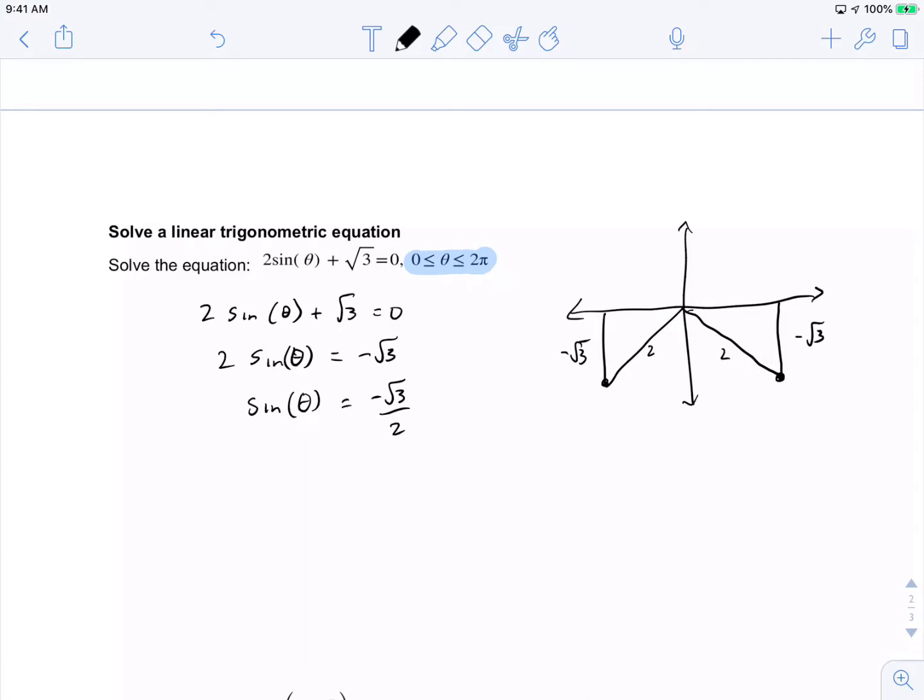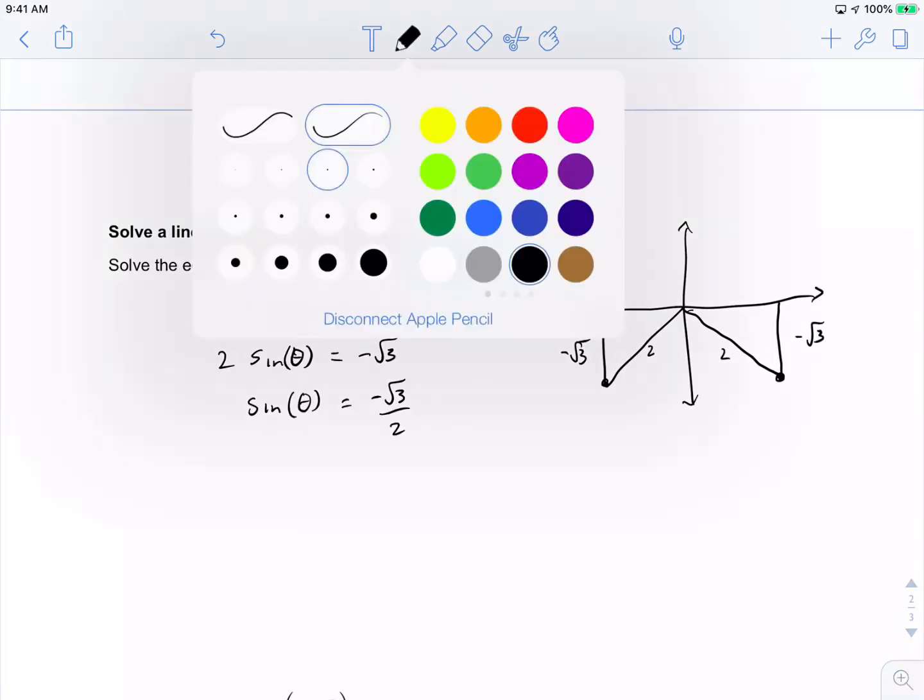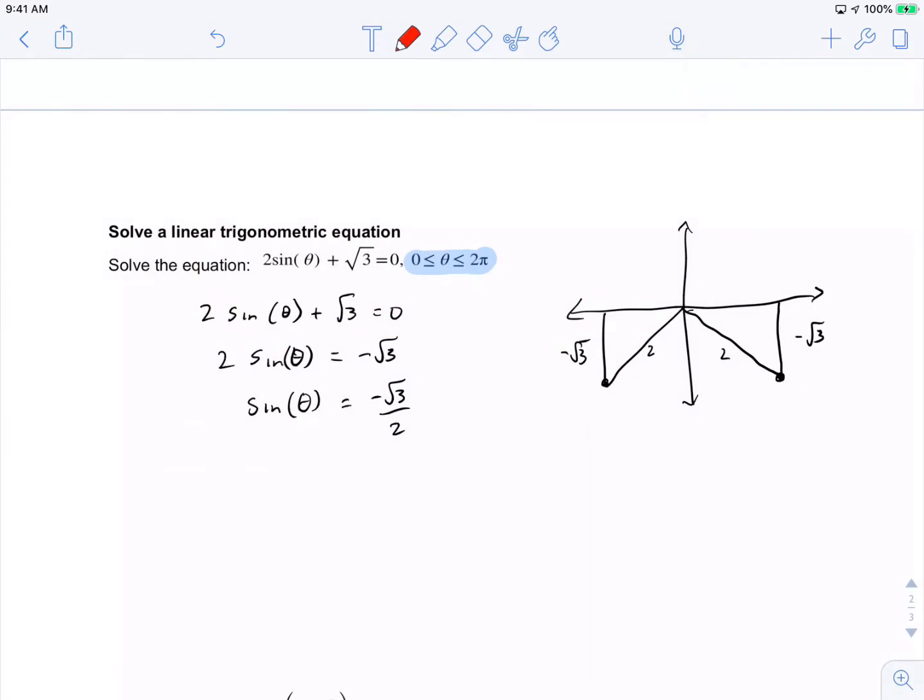And so the way I like to think about it is where is sine radical 3 over 2? Well, in the first quadrant, I know that radical 3 over 2 for sine occurs at theta equal to pi over 3.